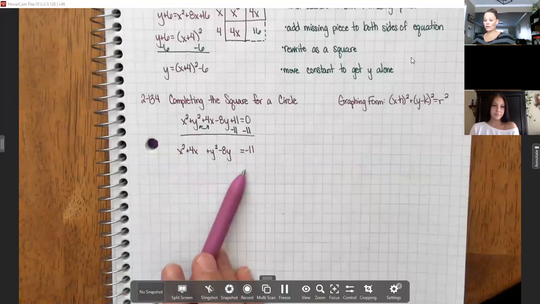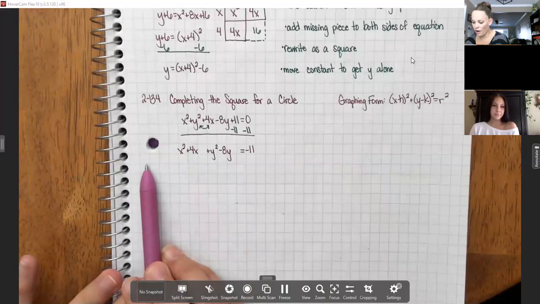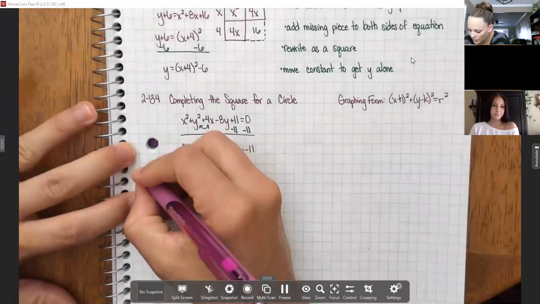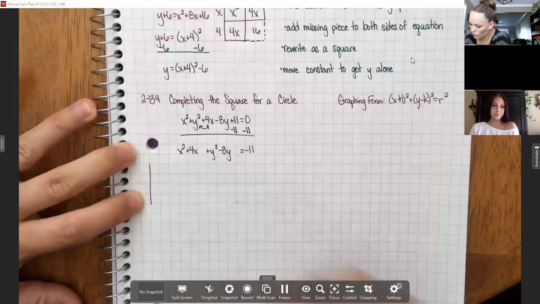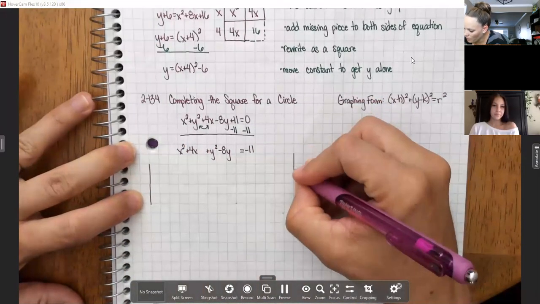So now what we need to do is complete the square twice, once for our x's and once for our y's. I don't have enough room over there. I'm going to do it over here.